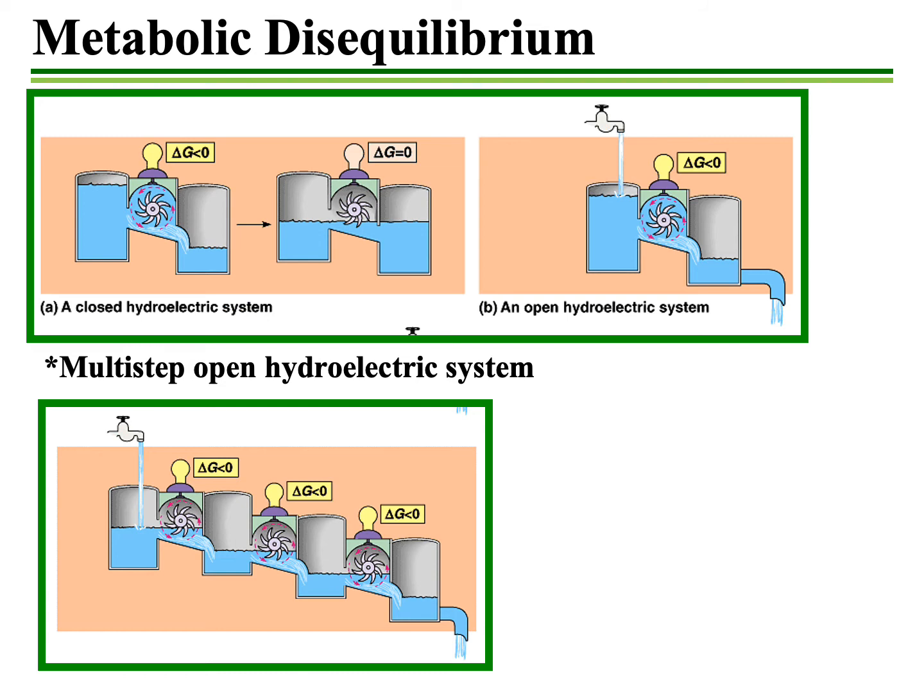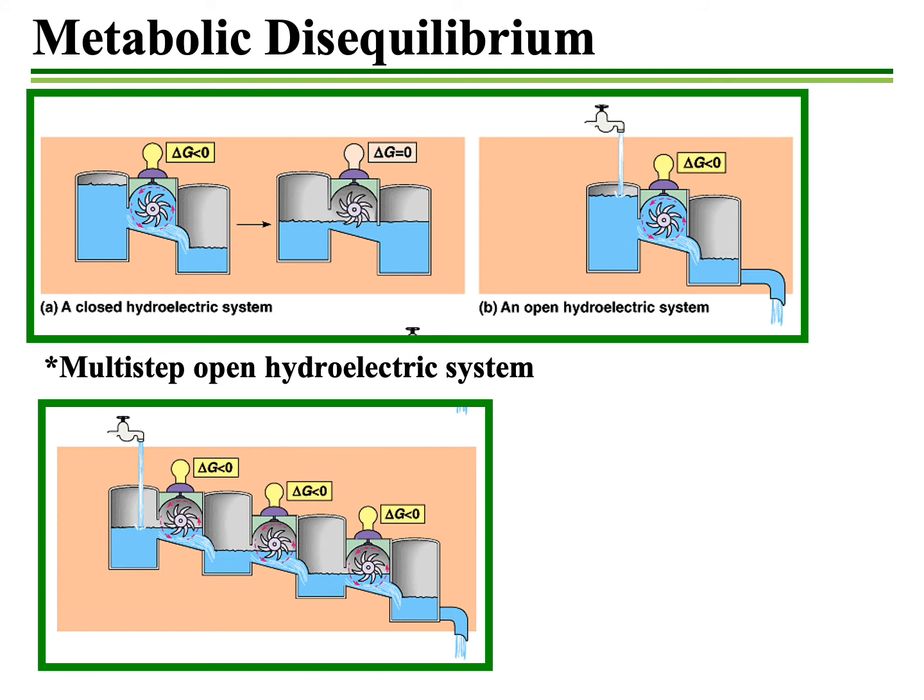So let's look again at panel A. Panel A, the left-hand side of panel A, you have a very simple system. You have a tank with water in it. You have another tank with water in it at a lower level than the first tank. And in between, you have a turbine that can turn, and if that turbine turns, it's going to generate electricity to turn the light bulb on.